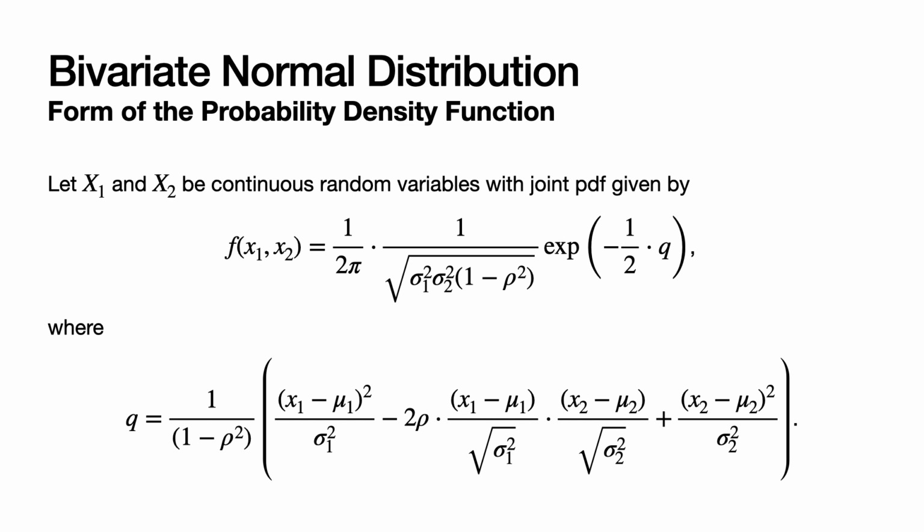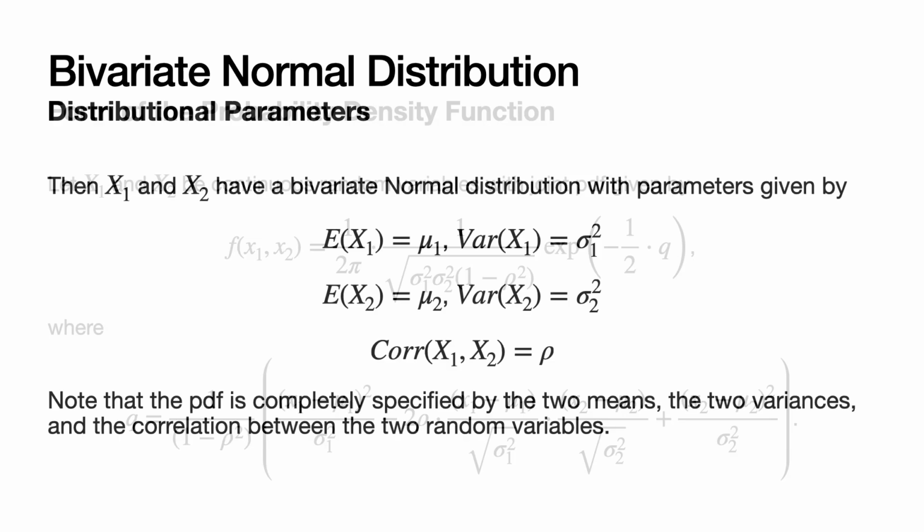So q is equal to 1 over 1 minus rho squared times the large quantity, the square of the difference between the argument x1 and mu1, that divided by sigma 1 squared, minus 2 times rho times the quantity x1 minus mu1 over the square root of sigma 1 squared times x2 minus mu2 divided by the square root of sigma 2 squared, and then plus the square of the difference between argument x2 and mu2, that square difference divided by sigma 2 squared.